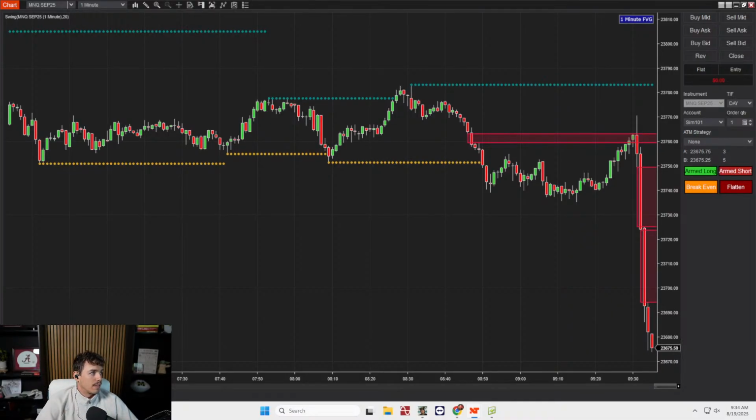Big selling right now. Don't know if you want to be looking for longs as of now, because we didn't get a good reaction from those hourly sweeps there.